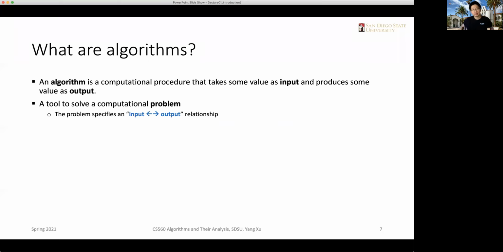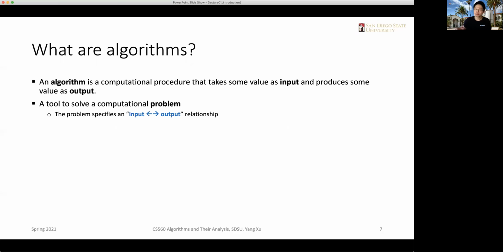So we can use this input to output mapping relationship to define any type of computational problem. For example, we will talk about a simple sorting algorithm. Given an input sequence that is unsorted, we hope that the algorithm can correctly sort the inputs, whether in ascending or descending order.